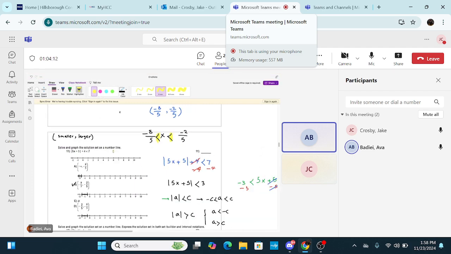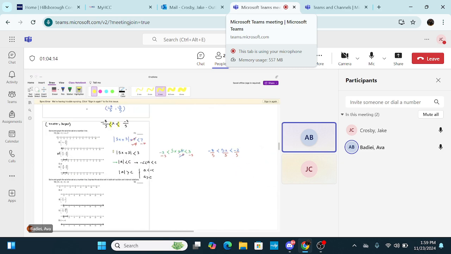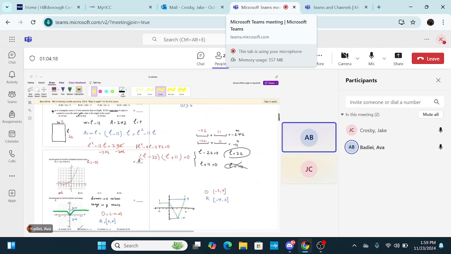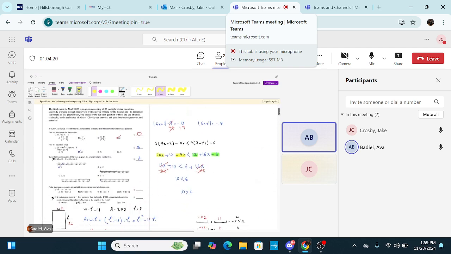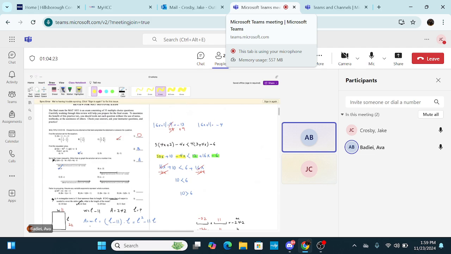All right, I think we don't have enough time to start a new one, so let's just review the things that we just did. First thing, when it comes to absolute values, be careful if you're solving them, they can't be equal to a negative number.